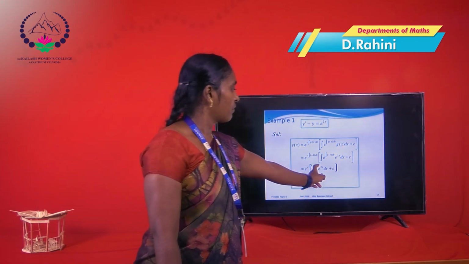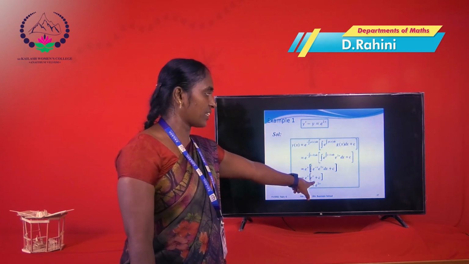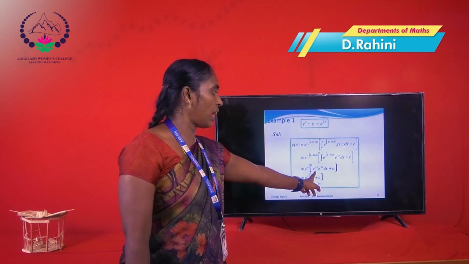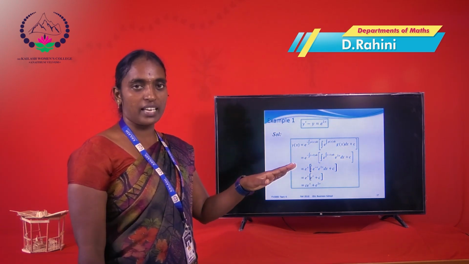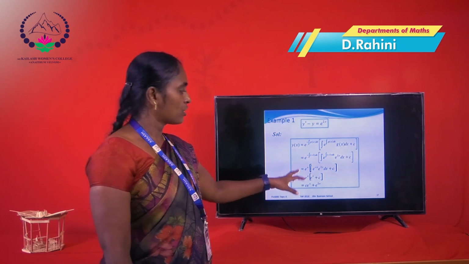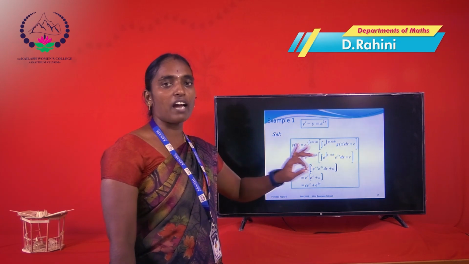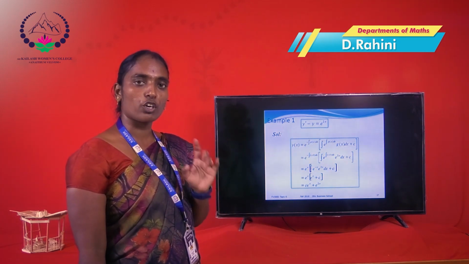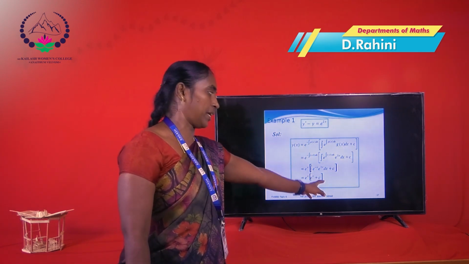In this we simplify to integral of e power minus x into e power 2x dx plus c. We add these powers, so e power 2x minus x gives e power x. So this term simplifies to integral of e power x dx. Integrating e power x, the result is also e power x, so e power x into e power x plus c.